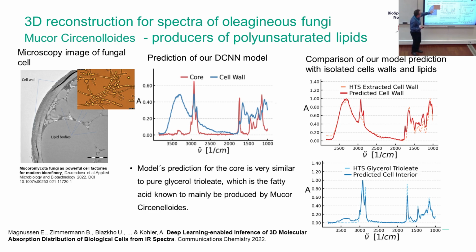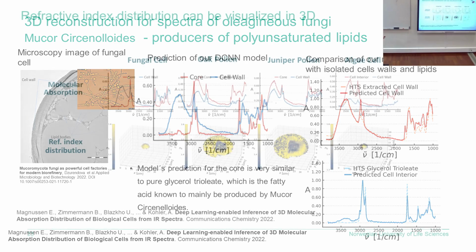So from the measured spectrum here, we were able to predict with this deep convolutional neural network the inside spectrum and the cell wall spectrum, which afterwards turned out to fit very well when we extracted the cell wall and got a macroscopic spectrum of them, or when we used what we knew is inside as lipids. So it worked very well.